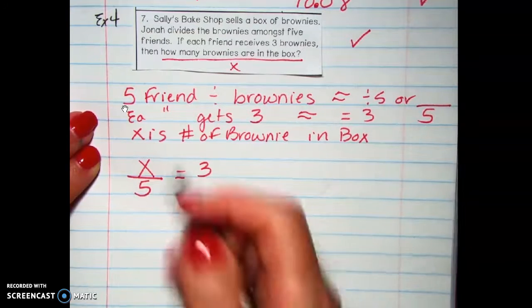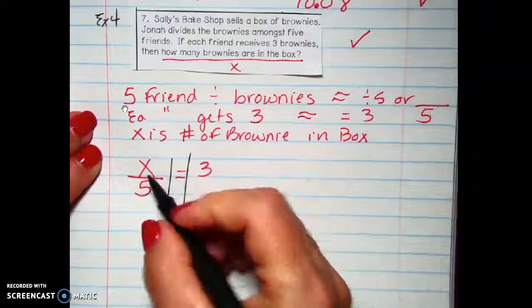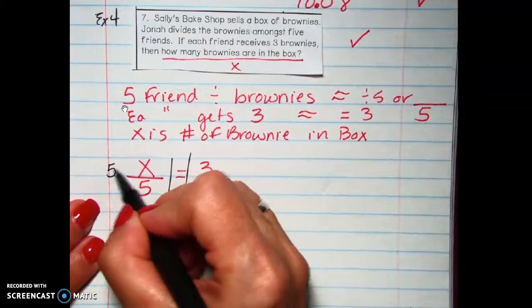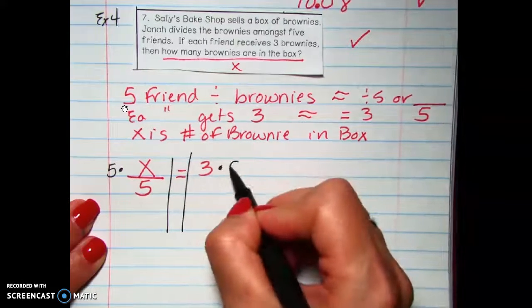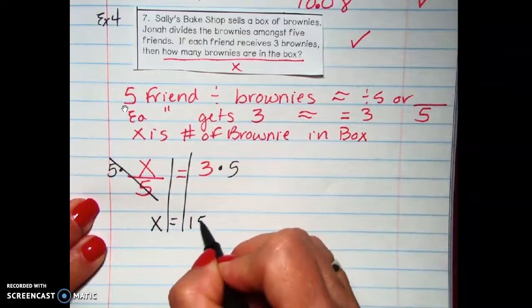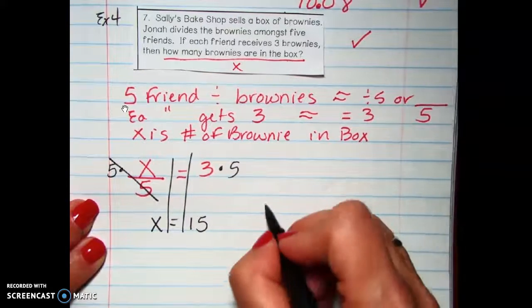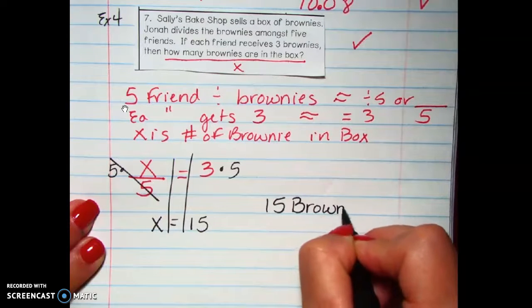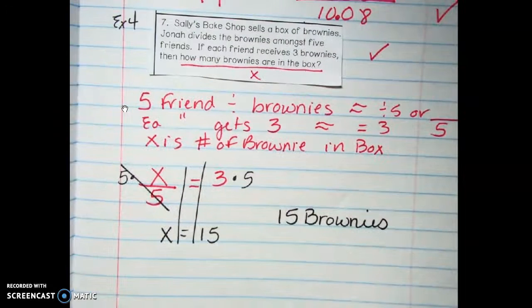Build my wall, do the inverse. X divided by 5 is 5 times, and I do it on both sides. Cancels each other out. X equals 15. So he had 15 brownies to start. And there you go, my friends.